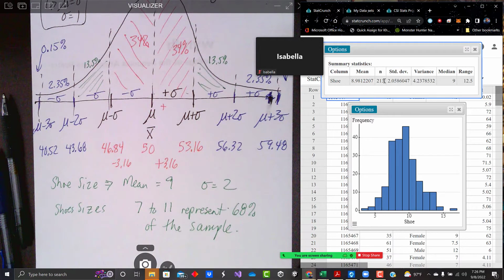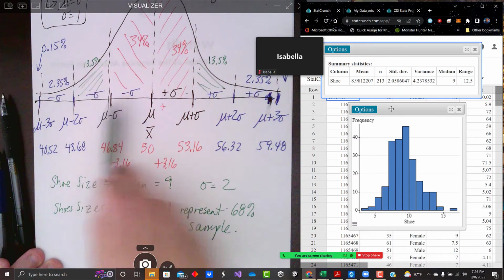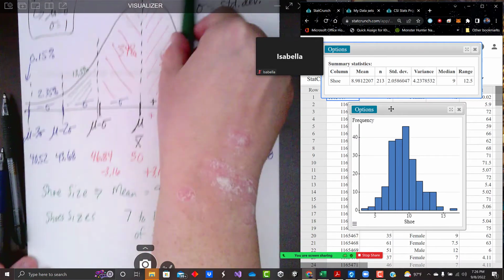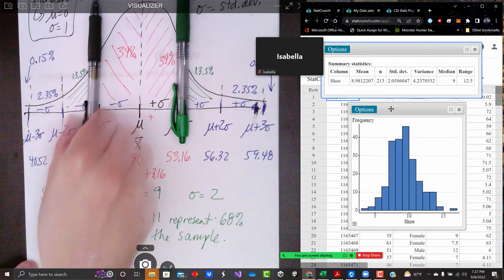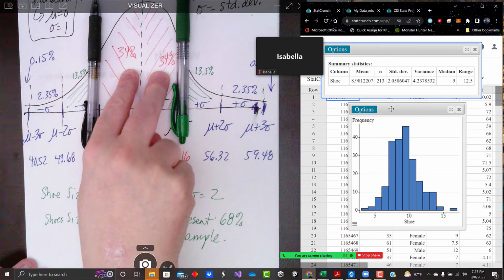For n being 213, 68% of 213 is around 140. So 140 of the people that entered their shoe sizes is between this mark and this mark. 68% lies there, and I got that from adding the 34s.